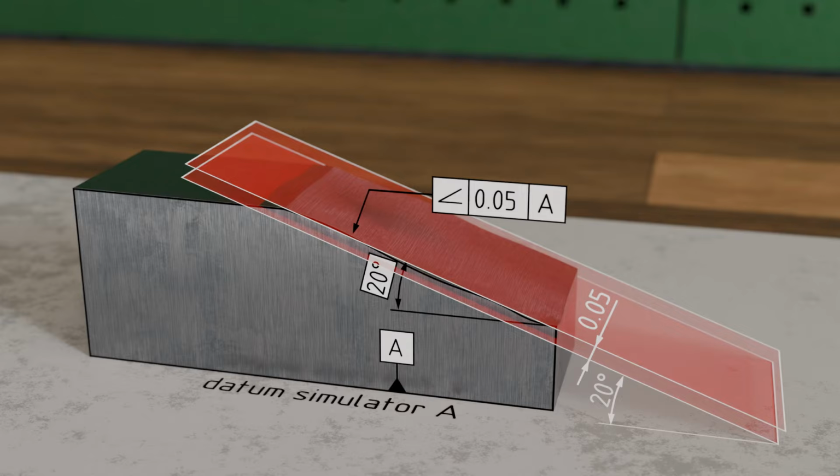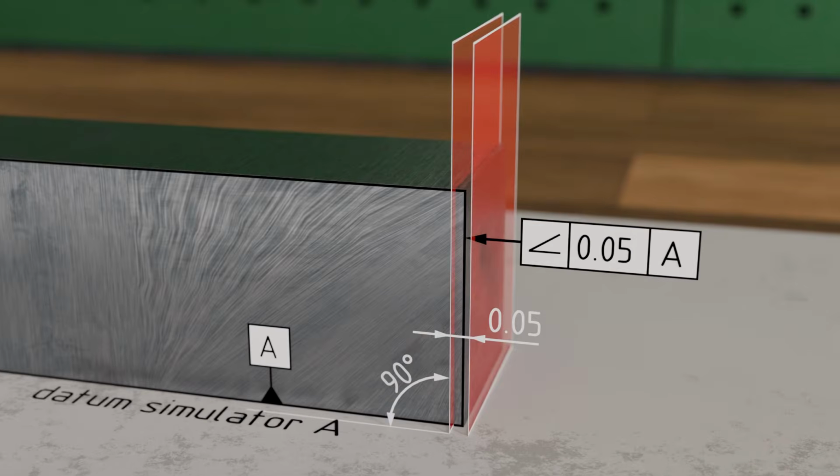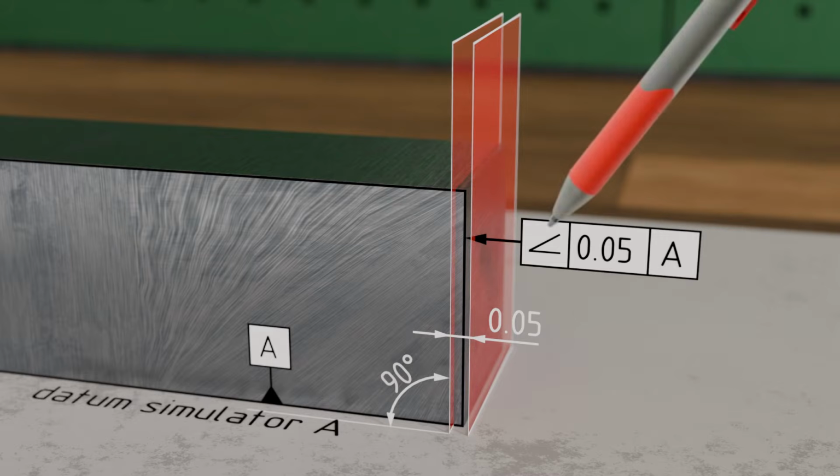Basically, angularity can also be applied to a surface that is supposed to be perpendicular to another surface. In this case, the angle is 90 degrees. Since such right angles are not explicitly specified with an angle in drawings but are instead implied by the drawing itself, the tolerance for such perpendicularity is given its own tolerance symbol in the form of the perpendicularity symbol.